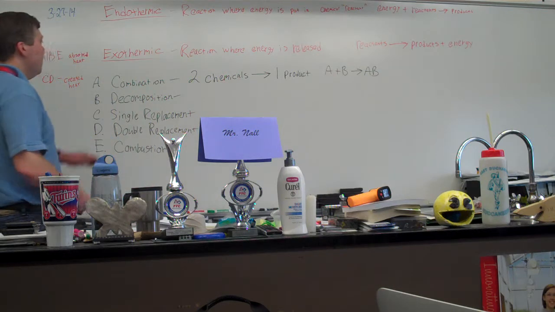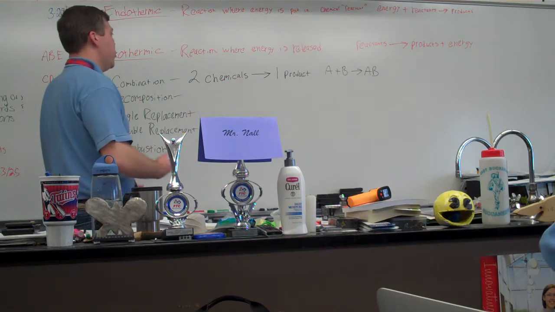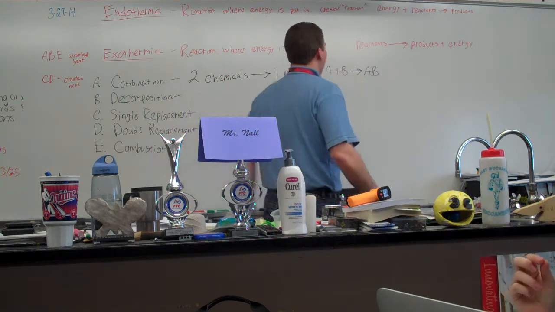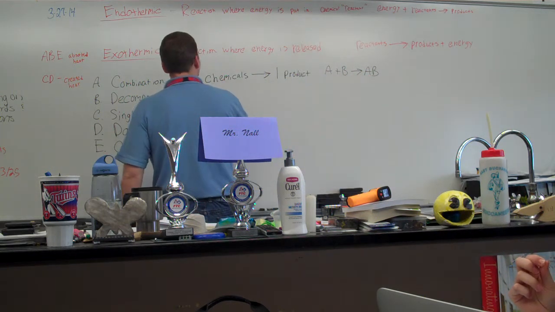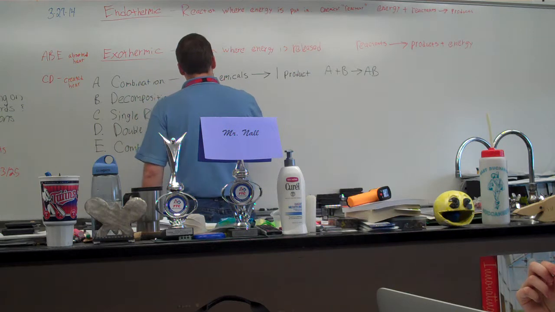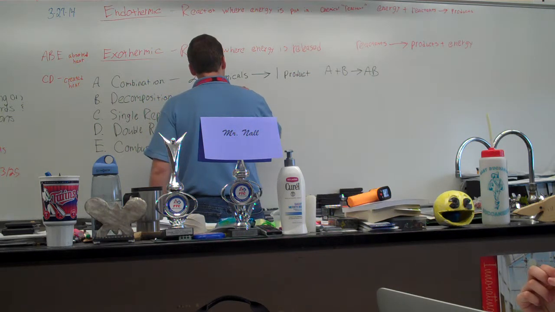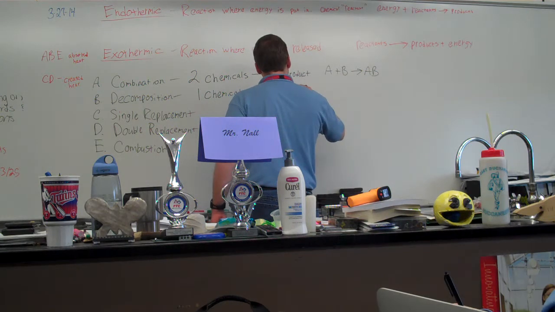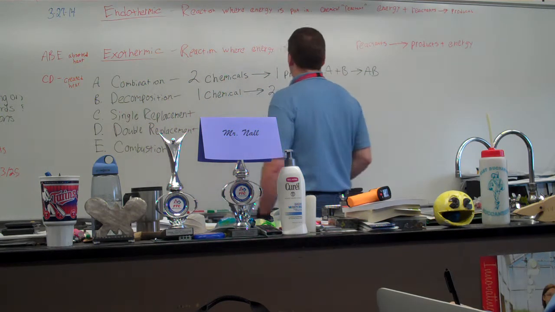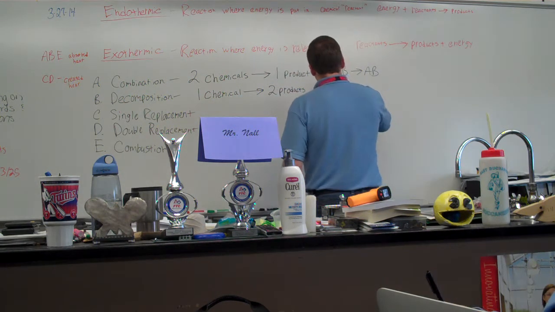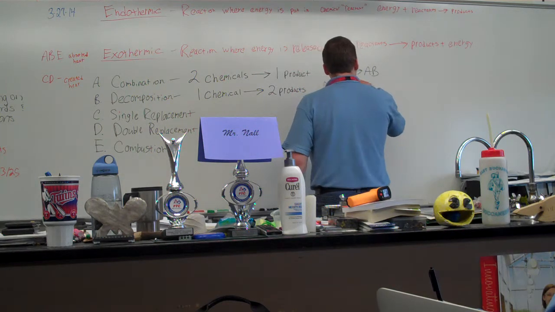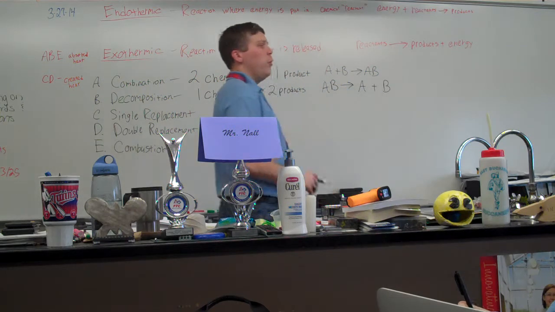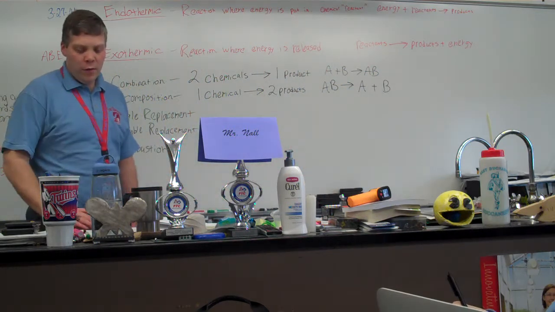Category B, that's a decomposition reaction. That's literally just the reverse of this. So you have one chemical that produces two products. So this would be AB yields A plus B. So a chemical breaks down into its components.